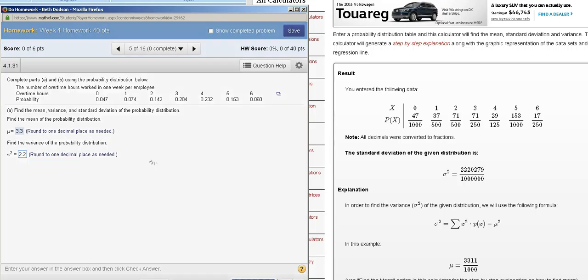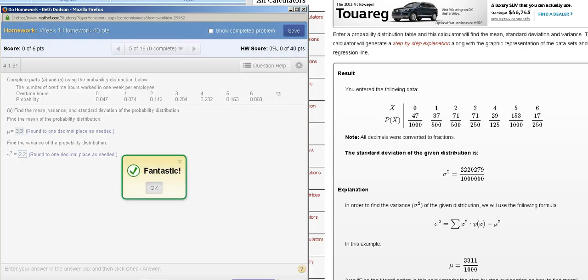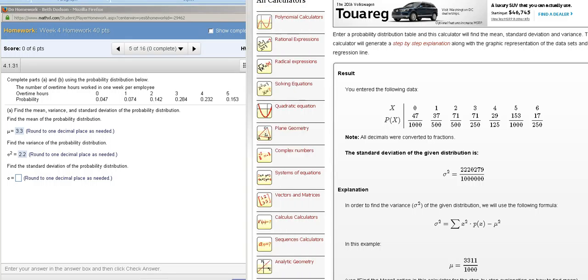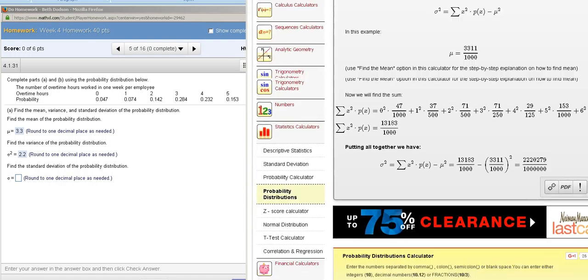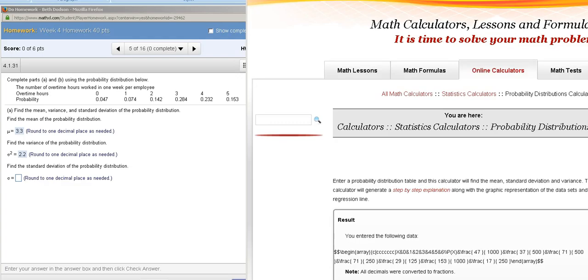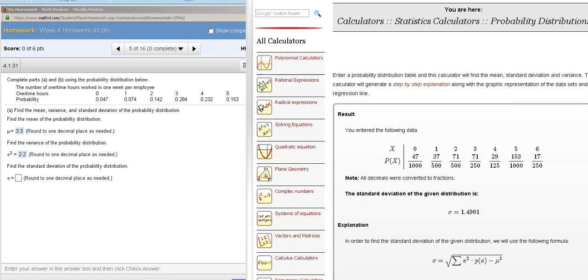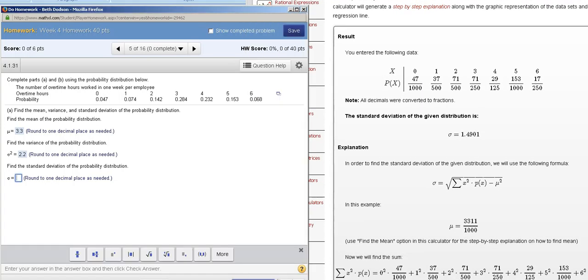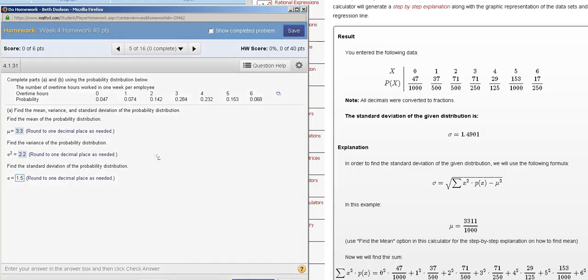Like I couldn't have done that in my head. Okay, fantastic. And then the last one, what did we say that was? I've already forgotten. Let's go back. Standard deviation, calculate. 1.5. I have no idea why it flips from fraction to decimal, I guess just to keep us on our toes. But there it is.